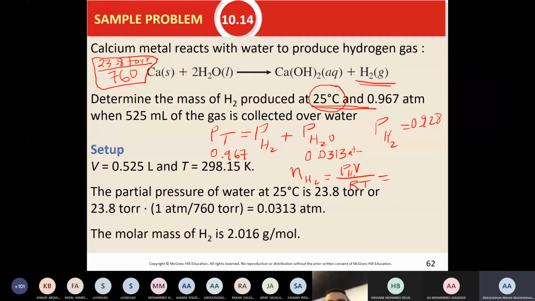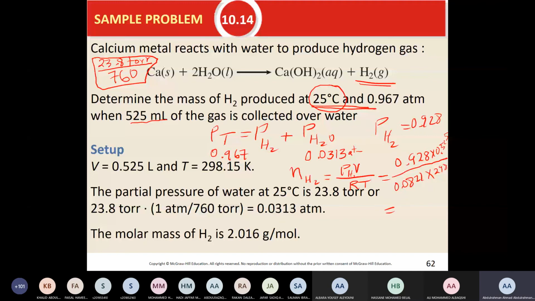So it is 0.928 multiplied by 0.525 liter divided by R, which is 0.0821, times temperature. What's the temperature? 298.15.